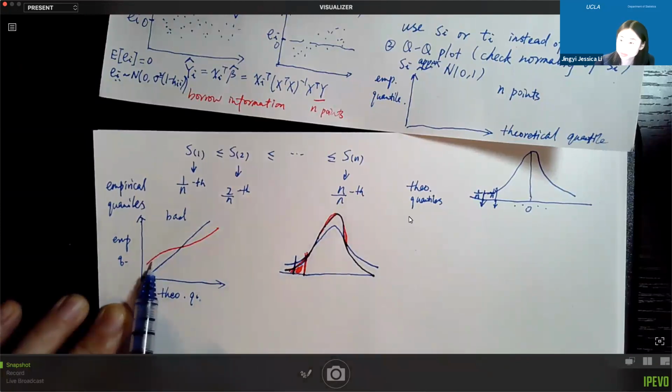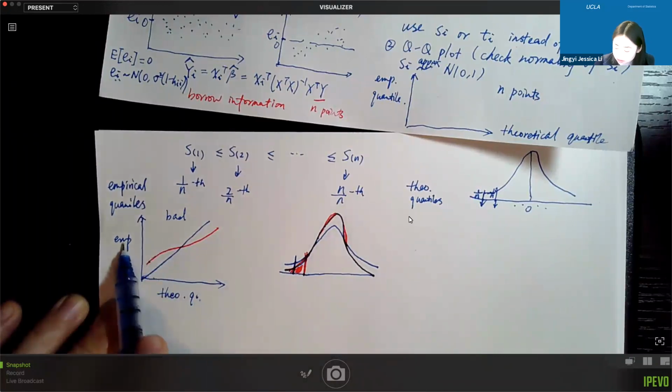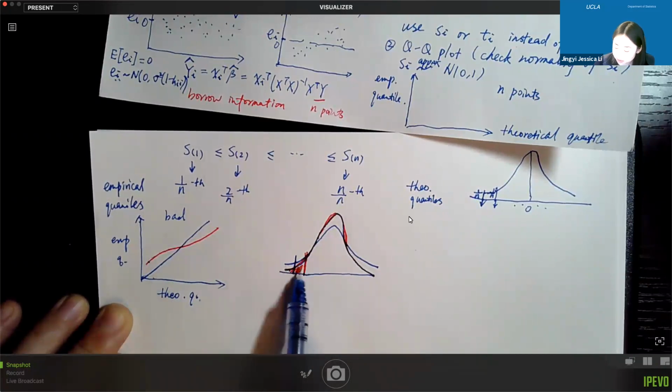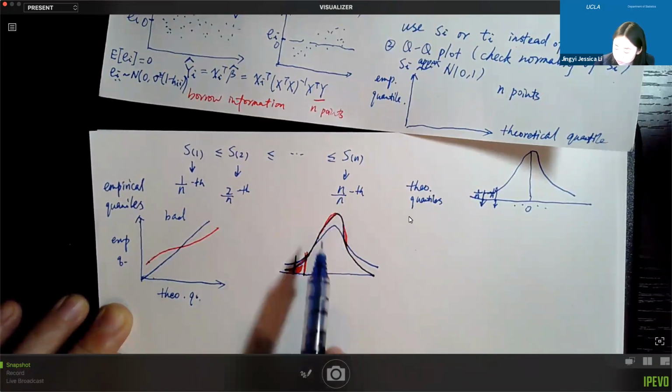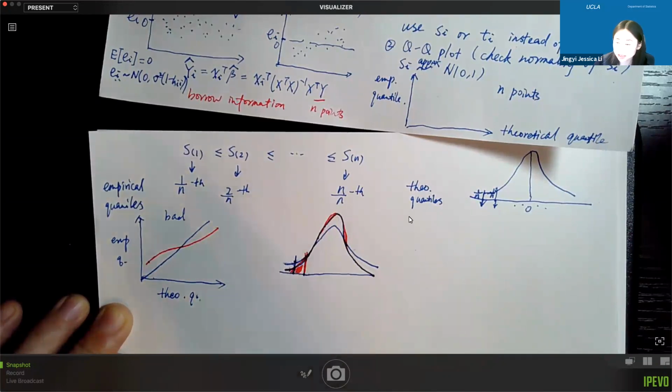So that's the case we see here, right? You have a larger empirical quantile than the theoretical quantile, which means what? Which means that compared to your empirical distribution, which is red, the theoretical blue distribution is too heavy-tailed. So that's one indication that probably you are not assuming a correct distribution.